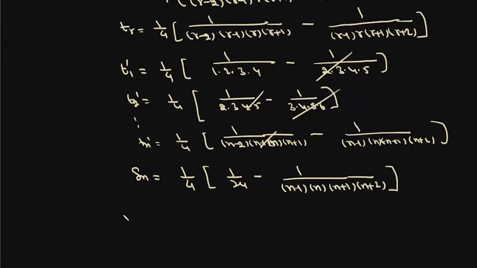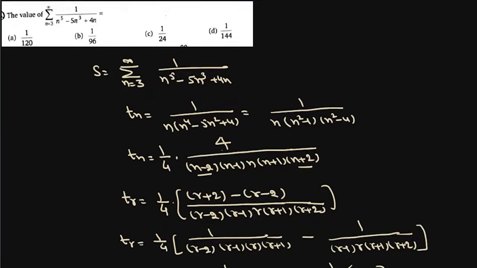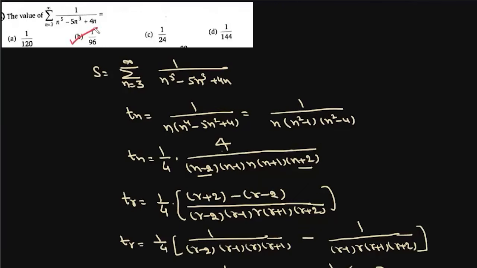So that is the sum of n terms. Now if we find this sum up to infinite, it will be limit n tends to infinite Sn, and there will be 1 by 4 into 1 by 24 minus 0, so it will be 1 by 96, and that's your option B.